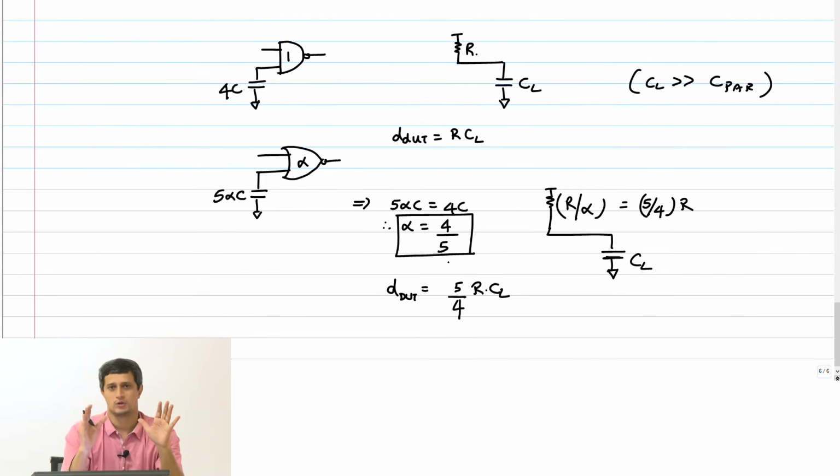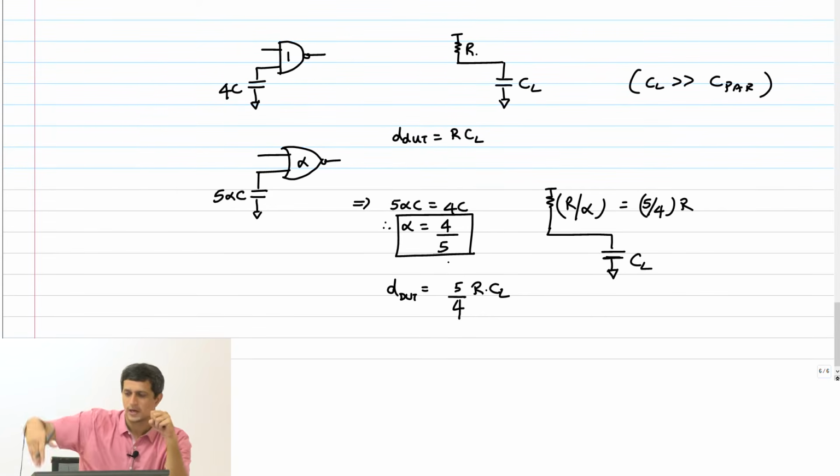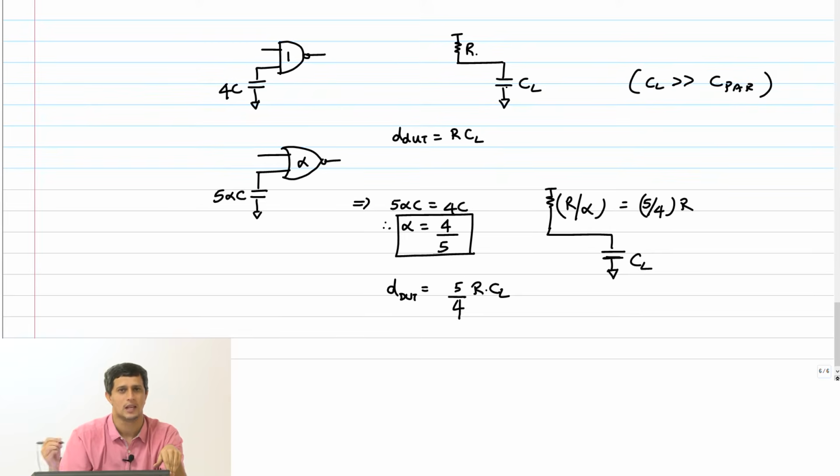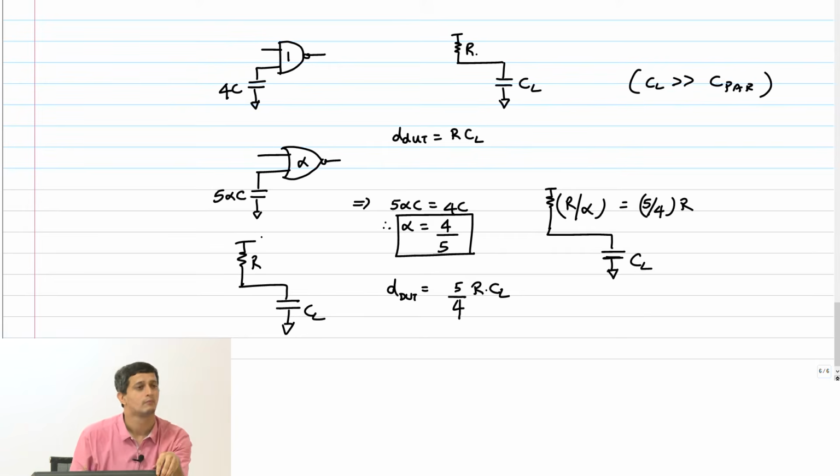I cannot do both. What I mean is, if you take a NOR and say, okay, I will upsize the NOR and then reduce my delay to charge CL, right? I could. The other option, for example, here, I will say, okay, let me not do it this way. I will keep my unit NOR gate as it is, in which case, the delay to charge CL will just be R and CL, right?